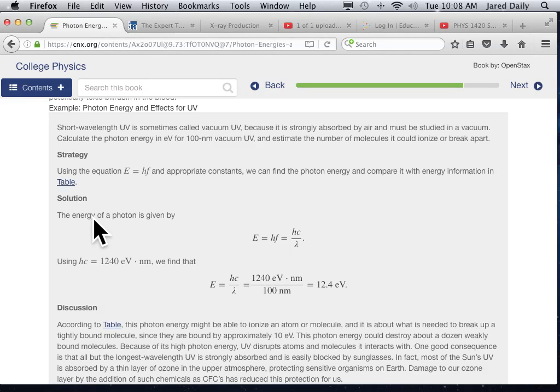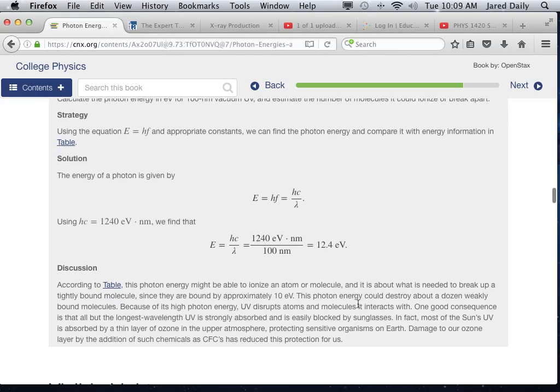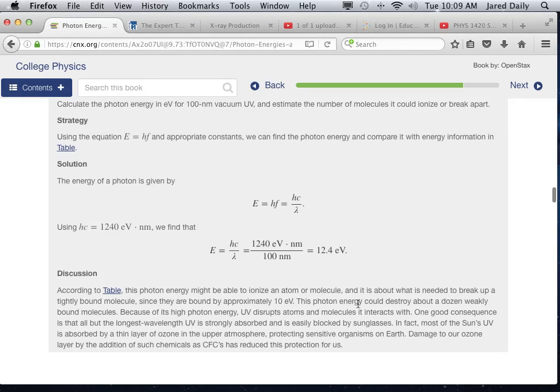Anyway, here they want us to calculate the energy of a photon and estimate how many molecules it could break apart. So the energy of the photon is just h times f or h times c over lambda. We end up calculating that using the wavelengths they've given us, and it turns out to be 12.4 electron volts of energy. Well, how many can that break apart?